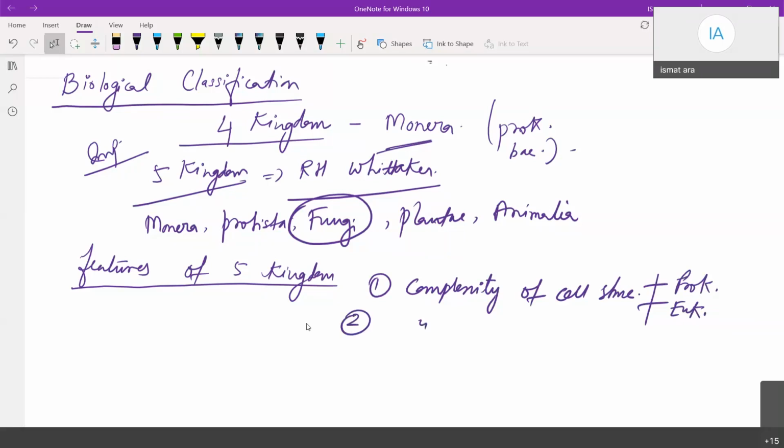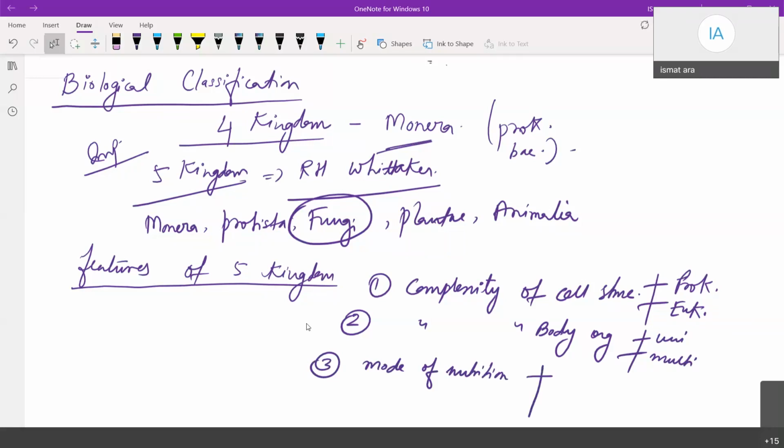Next, complexity of body organization. On the basis of that, he has classified unicellular and multicellular organisms. On the basis of mode of nutrition, he has classified into autotrophs and heterotrophs.